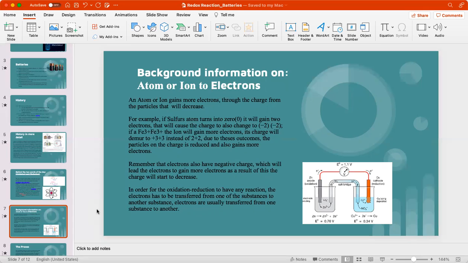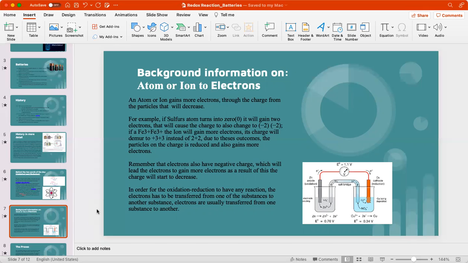For example, if a sulfur atom at zero charge gains 2 electrons, its charge changes.